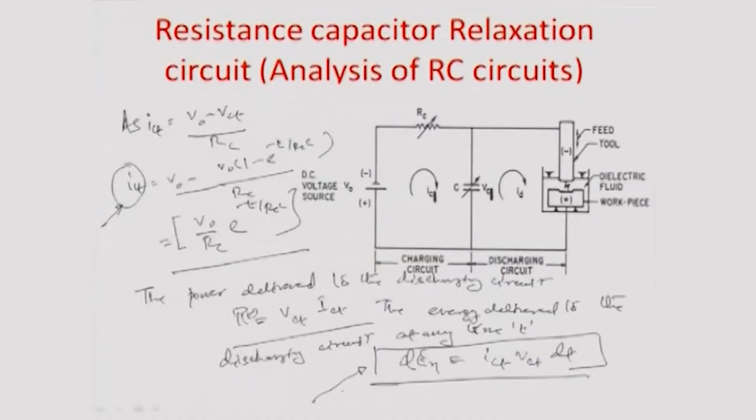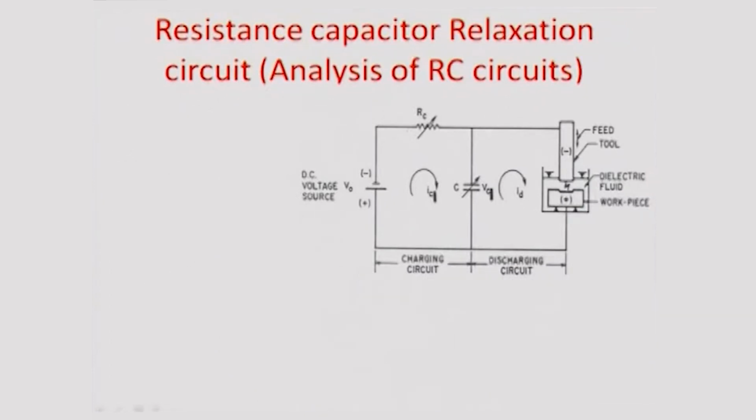So, let us now actually calculate the amount of energy which is needed by substituting the values of the IC(t), VC(t), etc. in this particular equation. dEn therefore, can be written as the value of IC(t), V0 by R e to the power of minus t by RC, times VC(t), which is V0 times (1 minus e to the power of minus t by RC) dt. That is what dEn is.